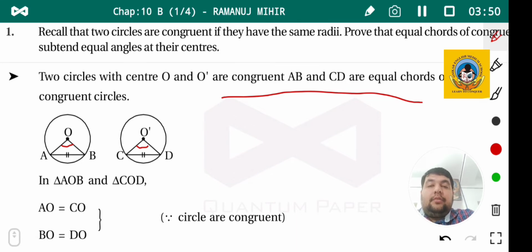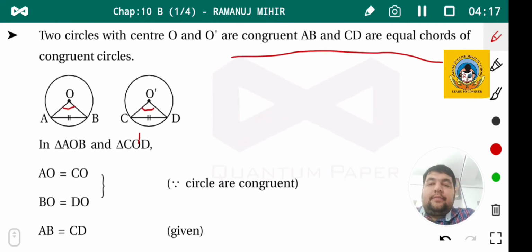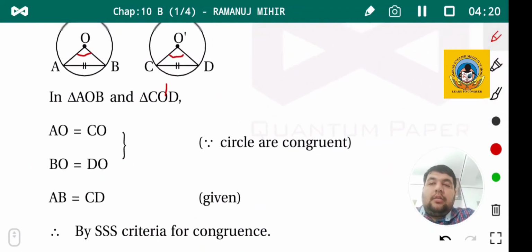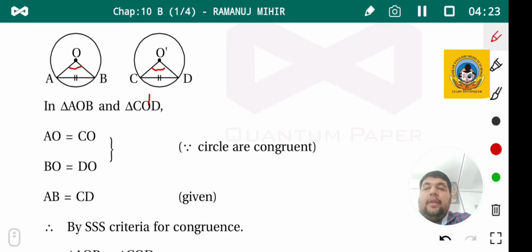Now see, in triangles AOB and COD, I think O dash must be there, because the center of the second circle is known as O dash. So the triangle name will be CO'D, because the first center is O and the second is O dash. Now you can see AO will be equal to CO'. Why?